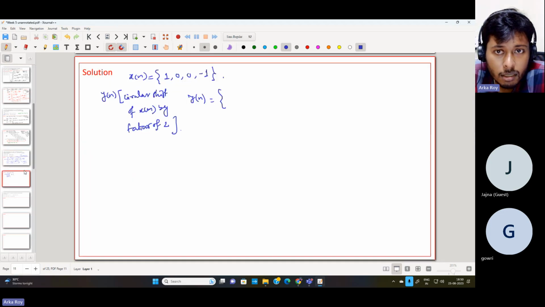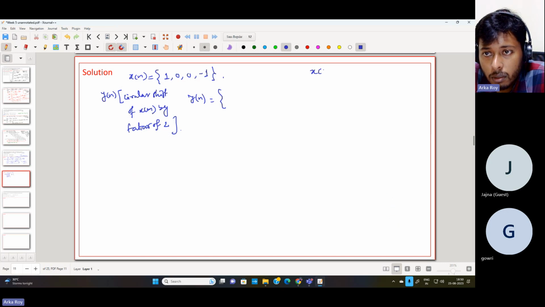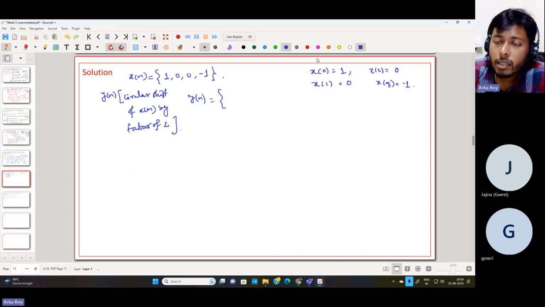So in this case, x[0] is equal to 1, x[1] is equal to 0, x[2] is equal to 0, and x[3] is equal to -1. So everything will be shifted by its components. So y will have y0, y1, y2, and y3.